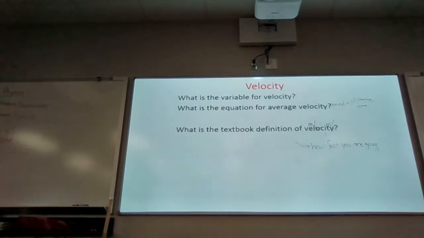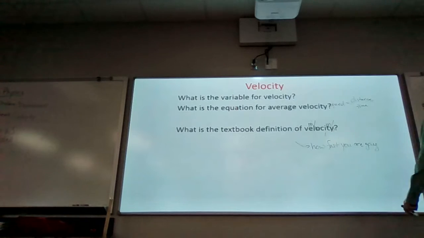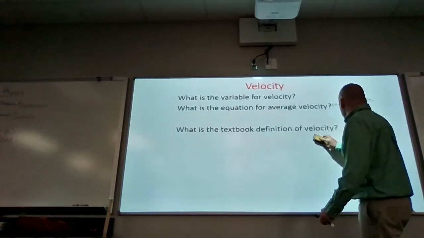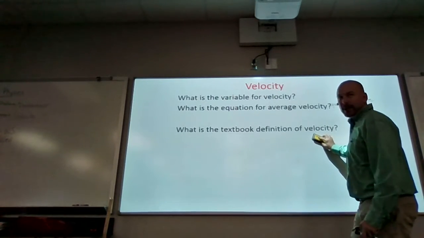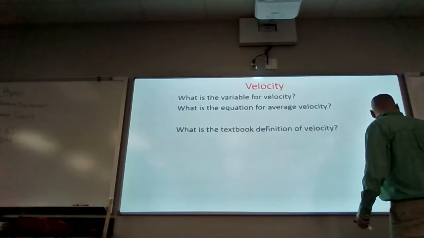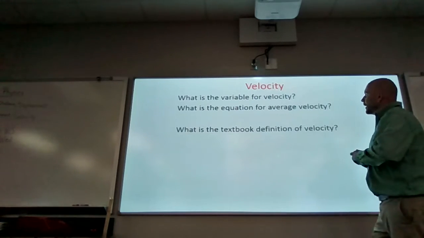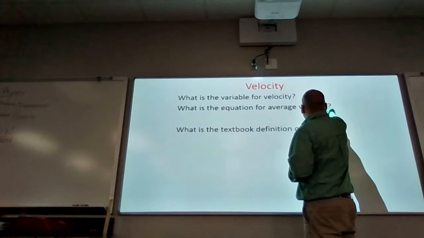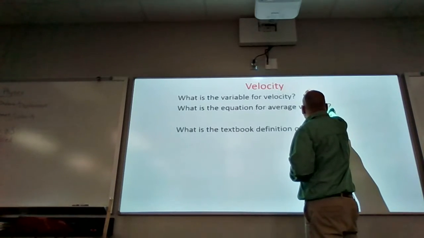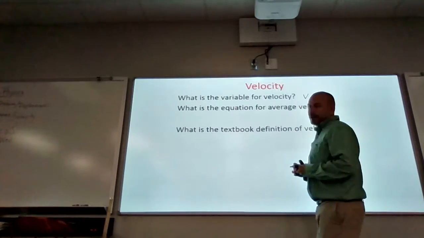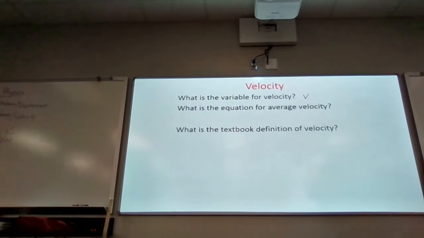All right. So velocity. Might have heard of that before. The variable for velocity, the symbol that we use, is a lowercase v. In algebra class, when we're solving for stuff, the default is an x, right?